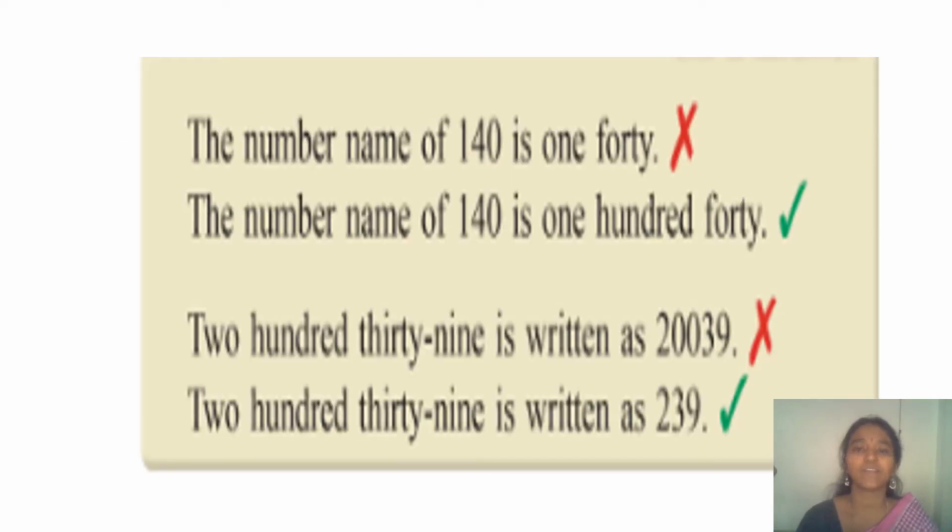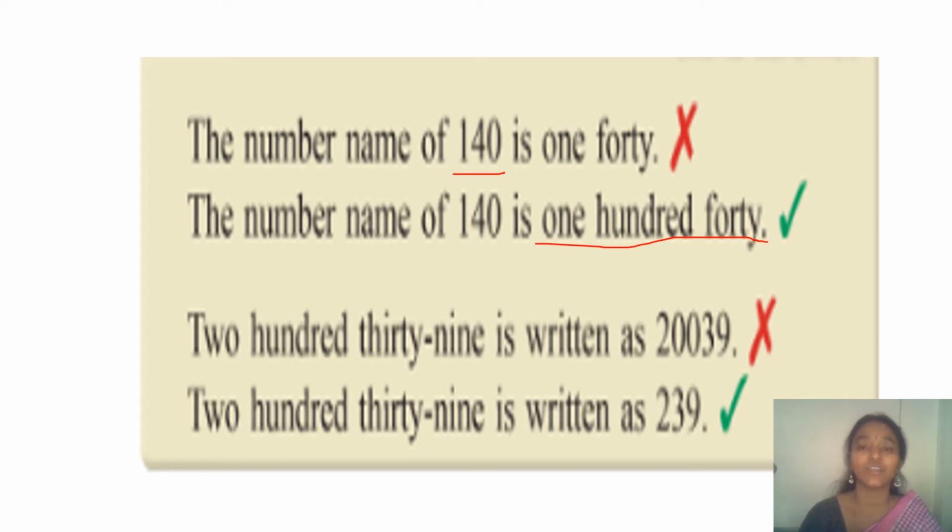Now watch this picture carefully. This is what we often do. The number name of 140: we tell it like this, wrongly. We should not say it like that. We should always spell it or say it as one hundred forty. And 239, how will you write this?